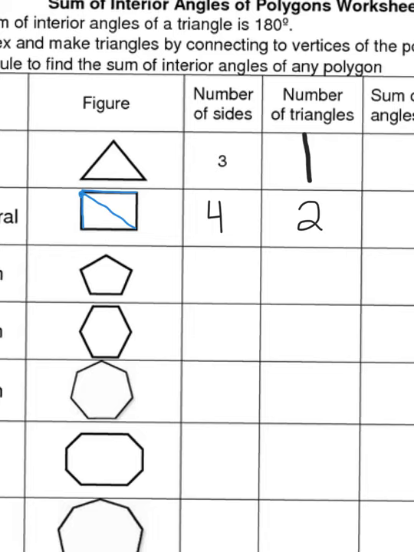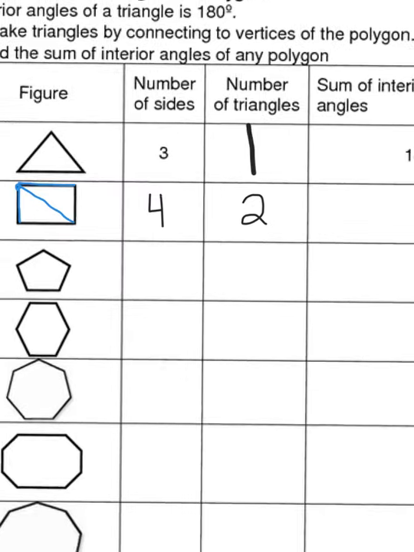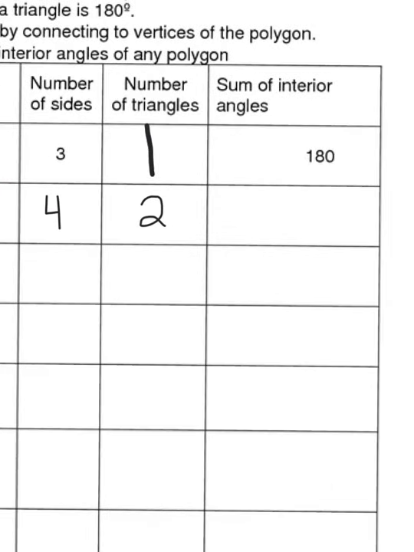And since each triangle, no matter what the individual angles are, always adds up to 180 degrees, the sum of our interior angles is going to be the sum of 2 triangles. So in other words, it's going to be 180 2 times, or 360 degrees.